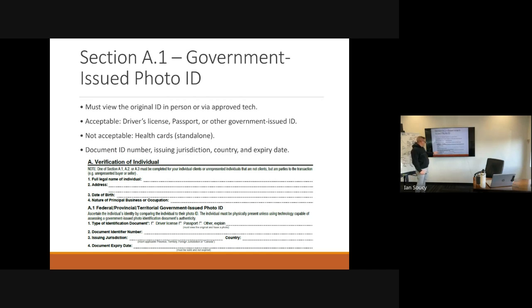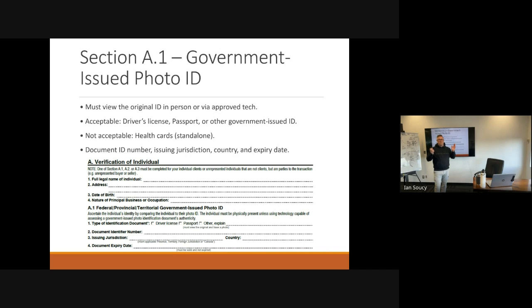And this is where you have your country of origin. So you'll have the jurisdiction: it's the Ontario driver's license, Ontario, Canada, and the expiry date. That's another one that we have a lot. As long as at the time of information collection the document is not expired, that's fine.